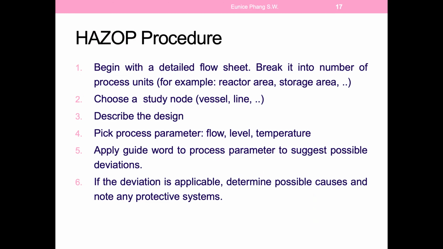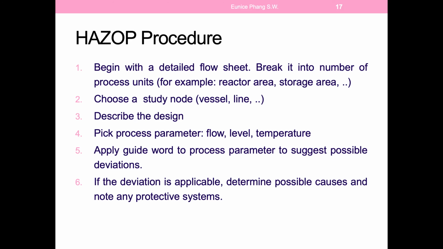When we start doing HAZOP, we always look at a process flow diagram and then we go into the PNID. You want to know what you want to assess, because it is a very detailed assessment. So normally we start with the general ones like flow, level, temperature, if you are talking about, for example, a reactor or a storage tank or any vessel.